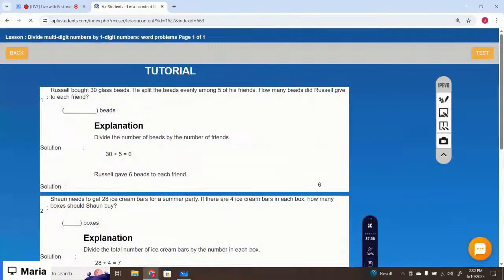Russell has 30 classmates, split the beads evenly among 5 of his friends. How many beads did Russell give to each friend? That is 30 divided by 5. 5 times what number is 30?